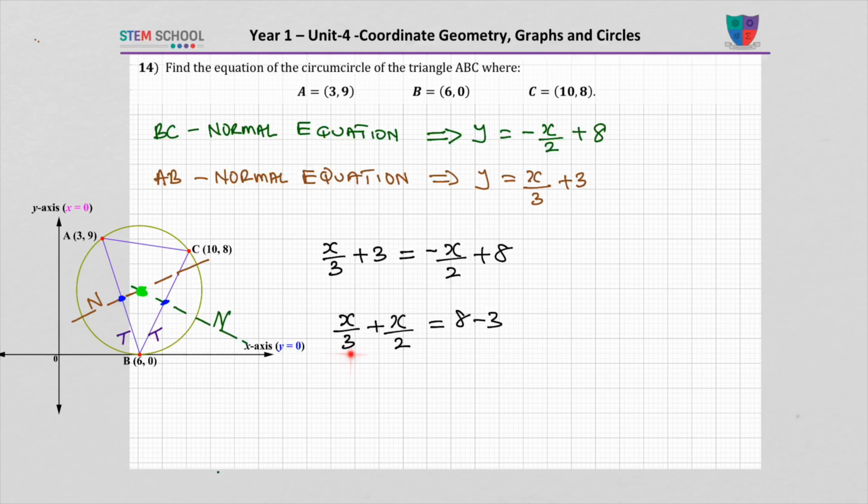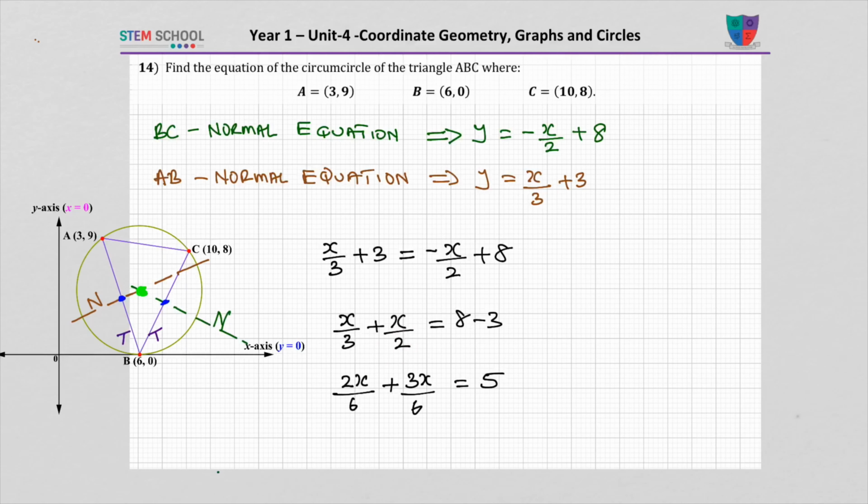Now I need to multiply this one by 2 and that by 2 to make it 6 in the denominator, and I need to multiply this one by 3 and that by 3 to make that 6 as well in the denominator, keeping both denominators the same.